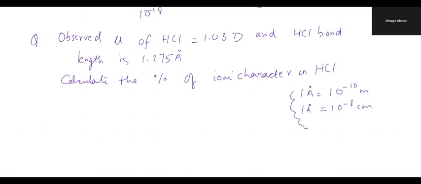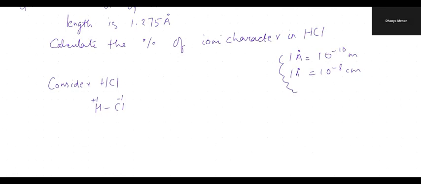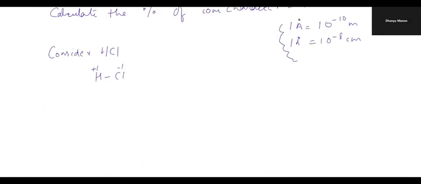Now consider HCl. We will treat this as an ionic compound with +1, -1. The closer the charge is to +1 or -1, the more ionic the compound is. So here this is +1, so 1 times 4.8 into 10 raised to -10.